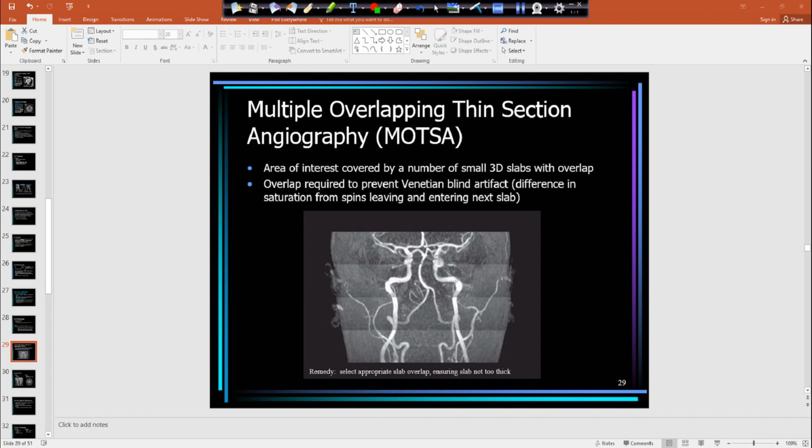Sometimes we'll have a more saturated spin at the end of this slab, and then it starts new here, so you get a little bit more saturation, and then at the beginning of this slab, we get a little bit more fresh spins, which creates that Venetian blind artifact where the patient moves.